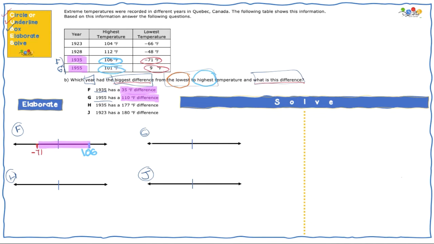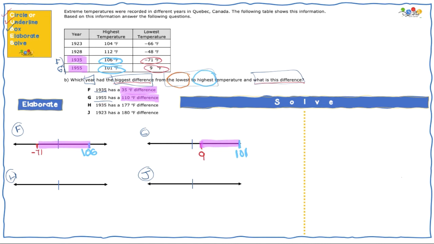If I look on my number line, 9 degrees is still positive, so that should be from 0 towards the right, so probably here. It's just an estimation. And then 101, that's a lot of space in between those two, probably here. So this is the distance between those two. So far, look at F and look at G. Which of those two do you believe has the greatest difference? Okay, that's our question for you.